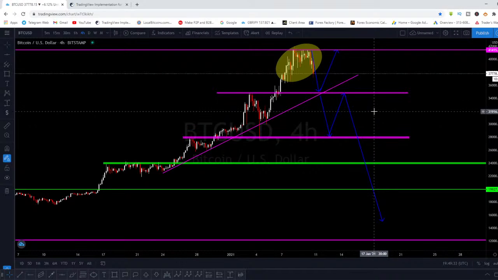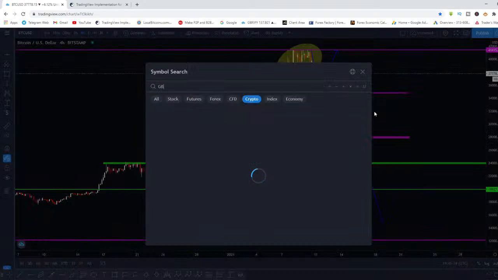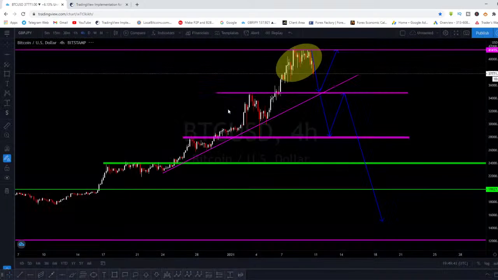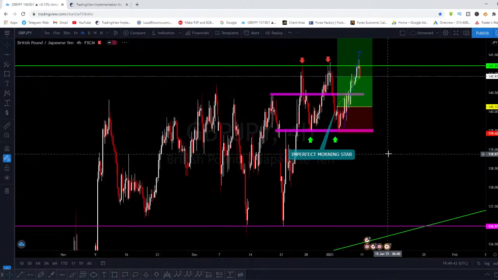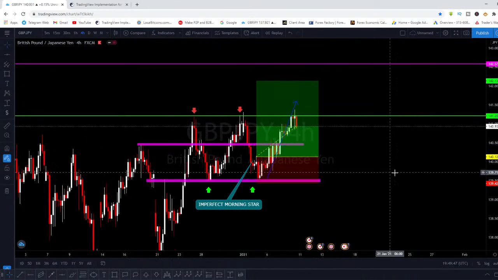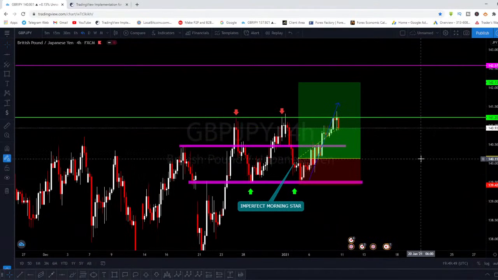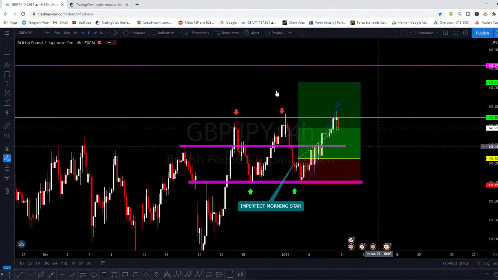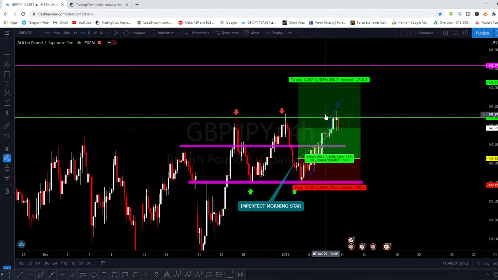So let's go back down to GBPJPY now. That's the next pair that we are supposed to analyze for the week. I'm still holding my buy on this GBPJPY. You remember that I sent a buy signal for my students last week, where we were able to take around 100 something pips.